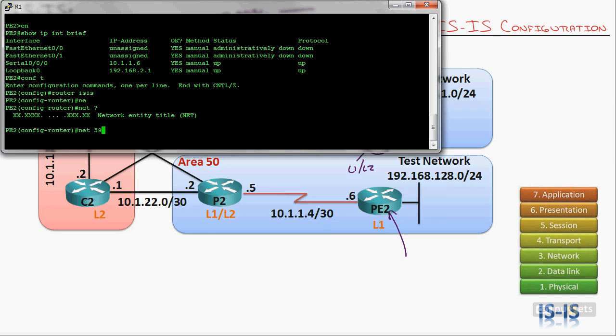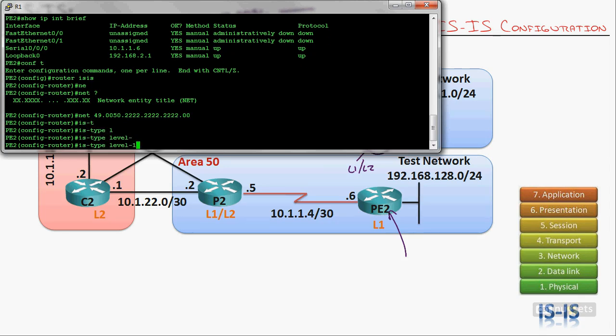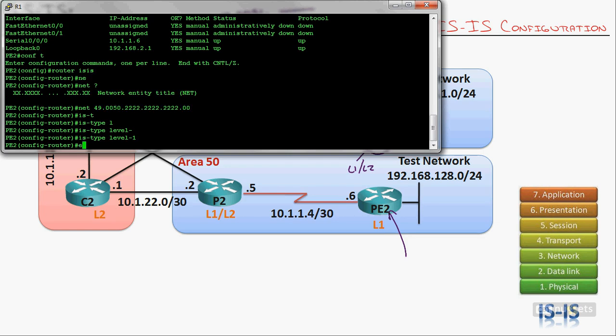So it would be 49 private addressing, dot 0050, dot, and let's just go all twos with this one. That's its system ID. Dot, and what's at the end? 00, right? That tells it is a router in the OSI addressing model. So we've identified the net, and while we're here, we might as well do IS type level 1, because this is also a level 1 only router.